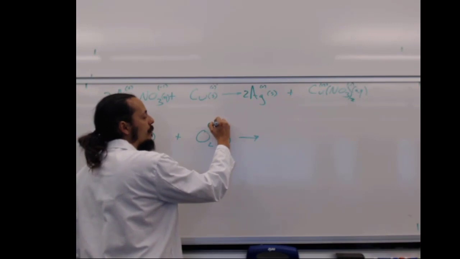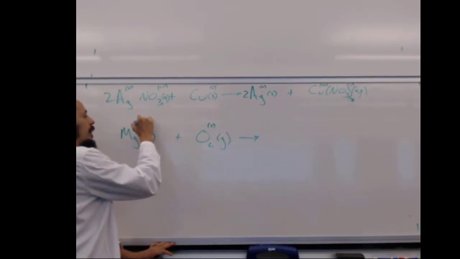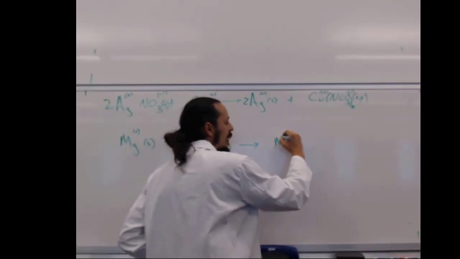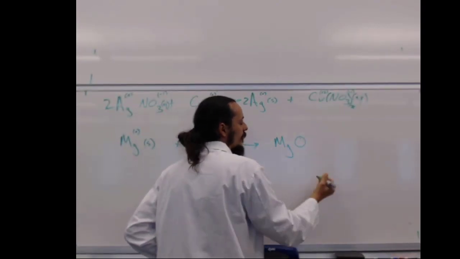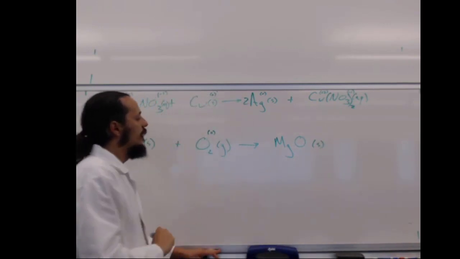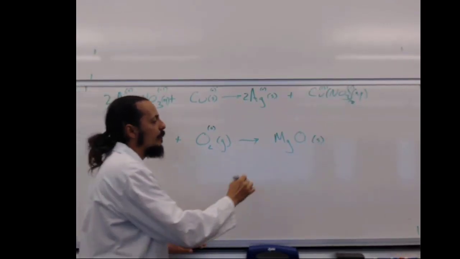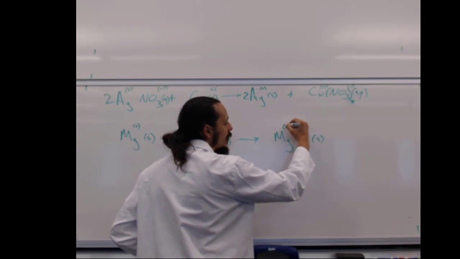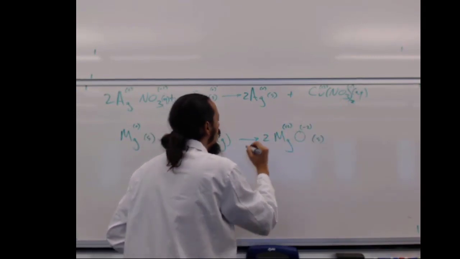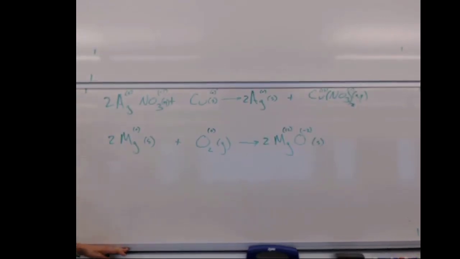That is also going to be a charge of 0. When these two things react, we're going to form magnesium oxide. Now, the magnesium oxide here, we're going to have that change in charge where that magnesium is a +2, that oxygen is a -2. We can balance the chemical reaction as well.